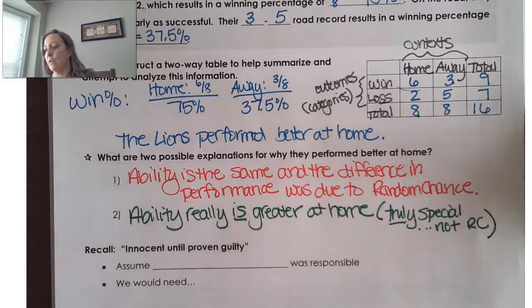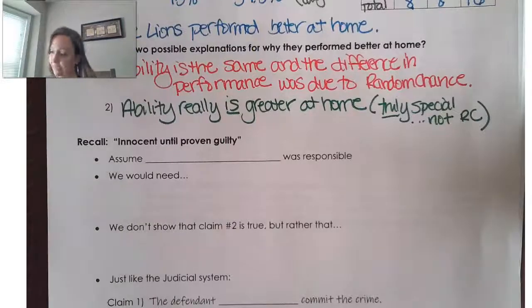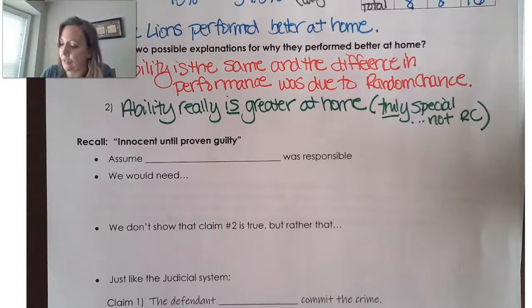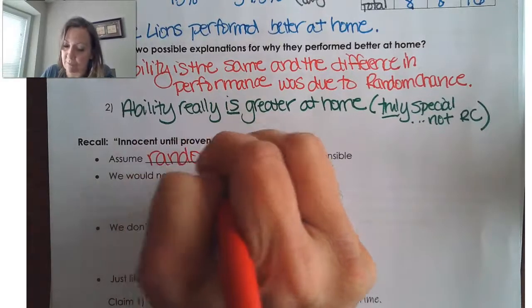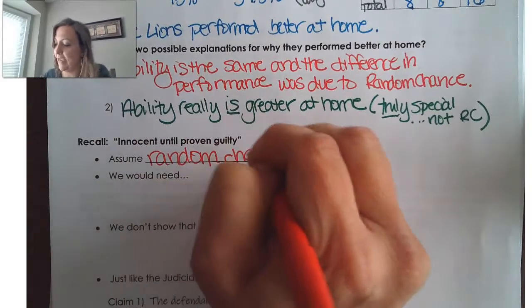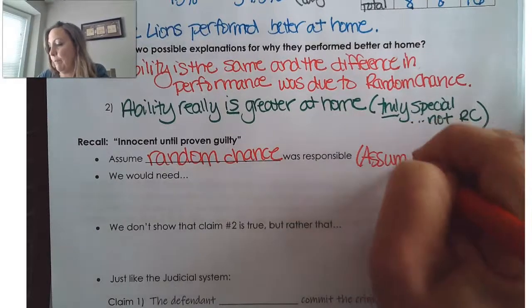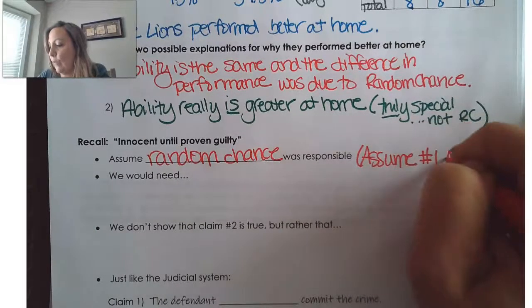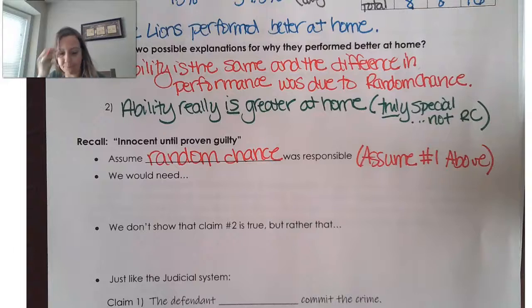And when you think about the court of law, we have innocence until proven guilty. What we're always going to do is always assume that random chance was responsible. So that means that of the two options that we listed above, we're always going to assume number one. We assume innocence. We assume that there wasn't a difference in ability.